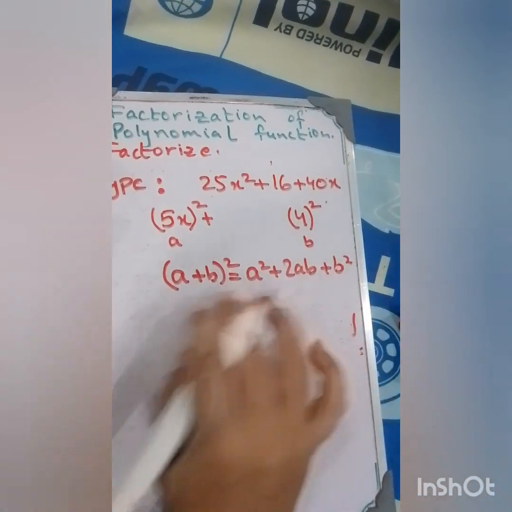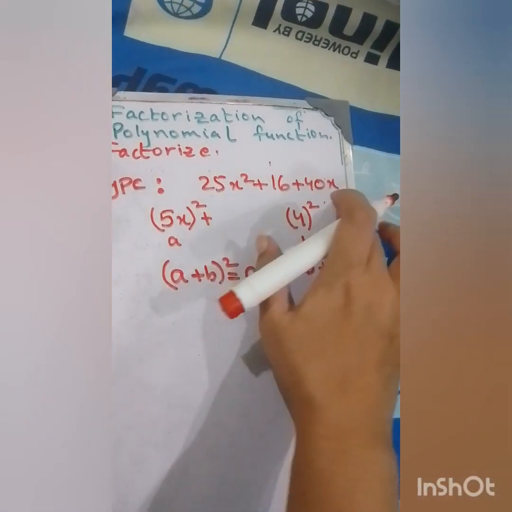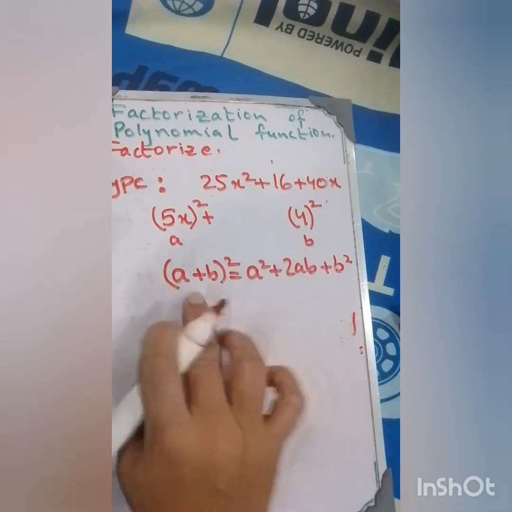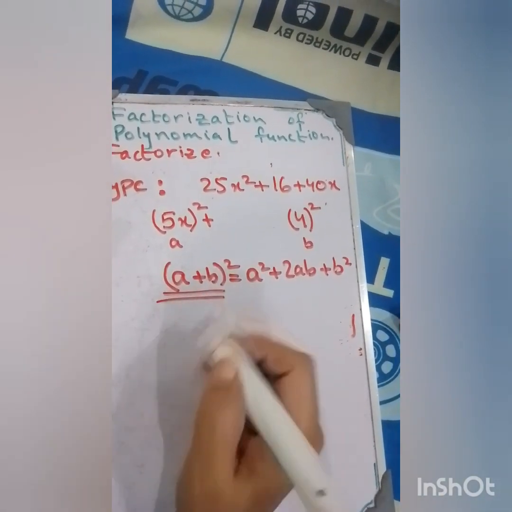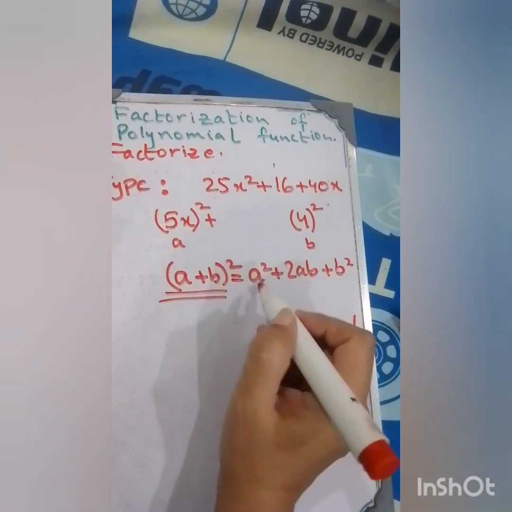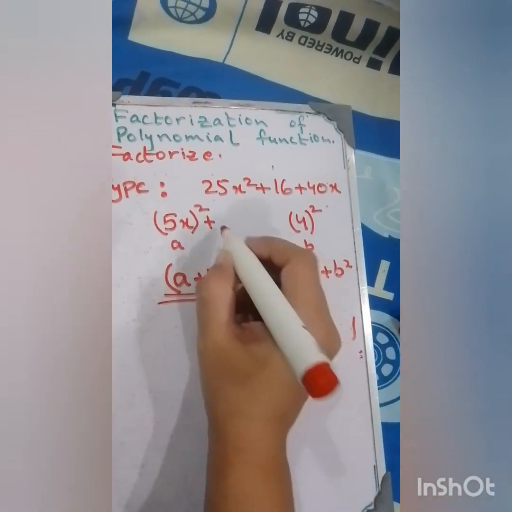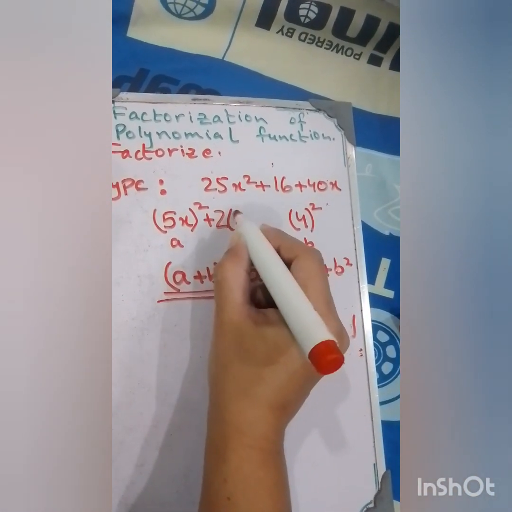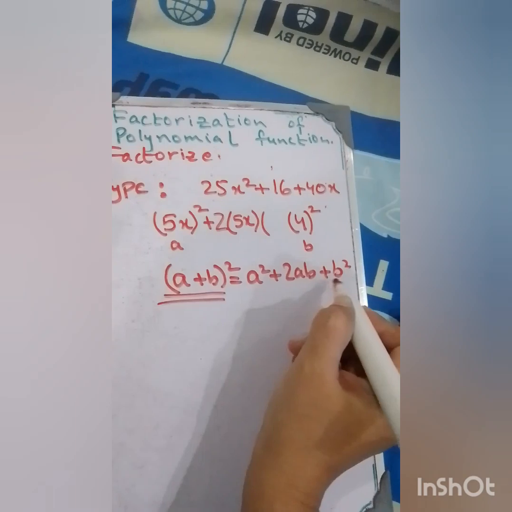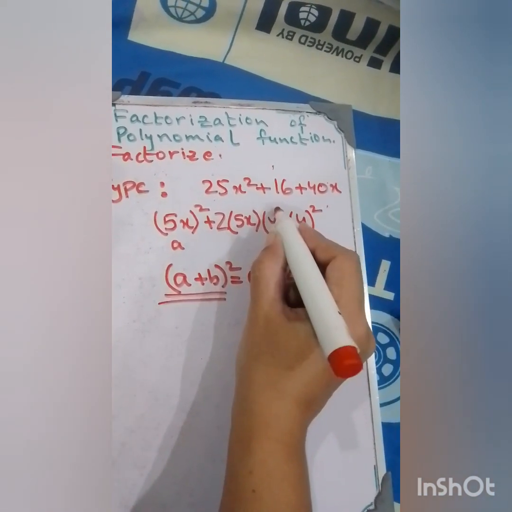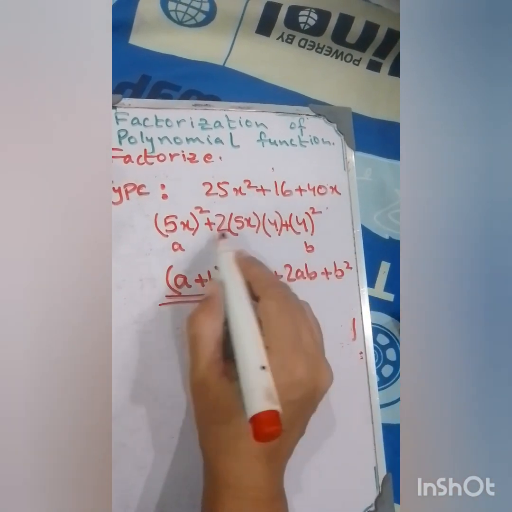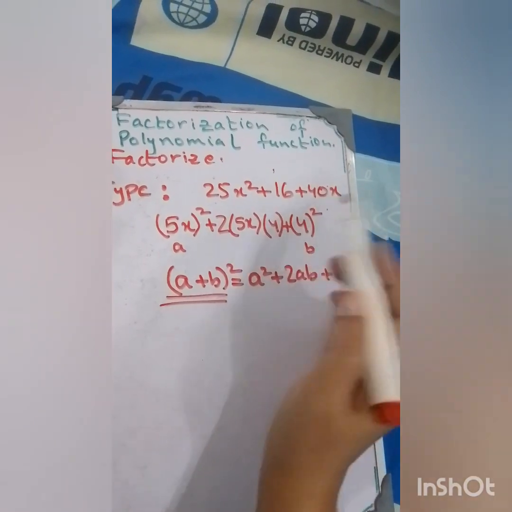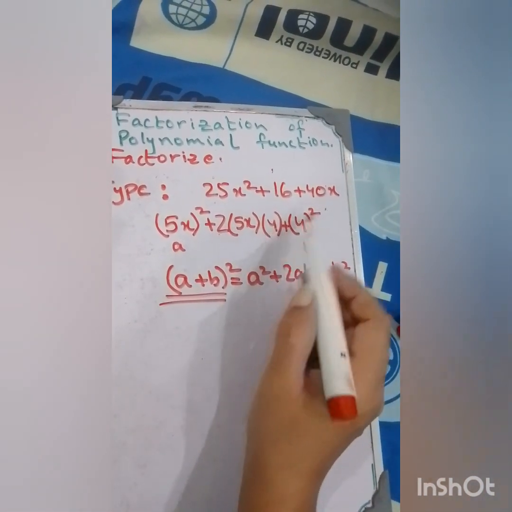In a similar manner we are going to arrange it in such a way as to get this contracted form. So a is 5x and b is 4, so twice of 5x and 4: if you multiply, we get the answer 40x, since 2 fives are 10 and 10 fours are 40, and x.